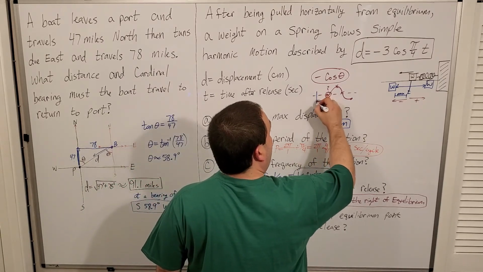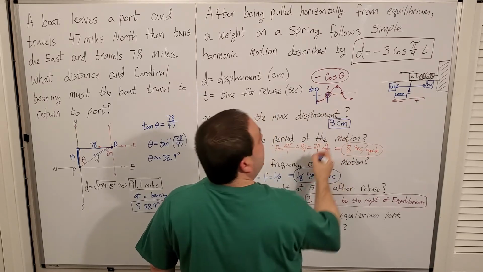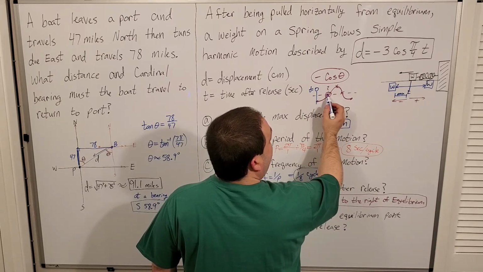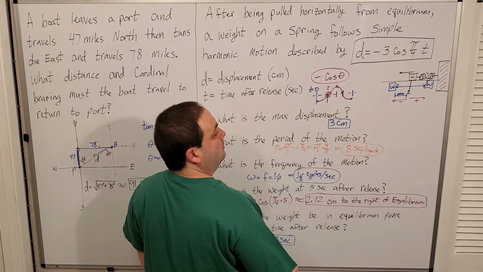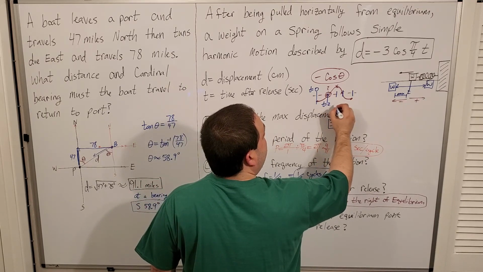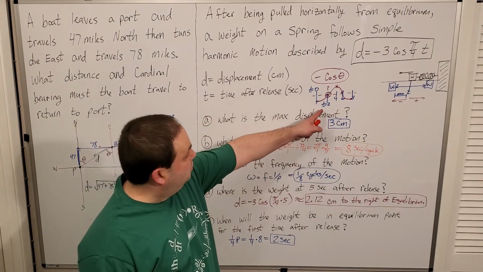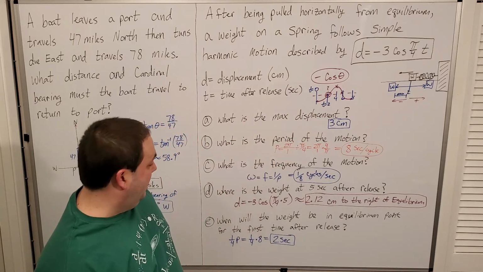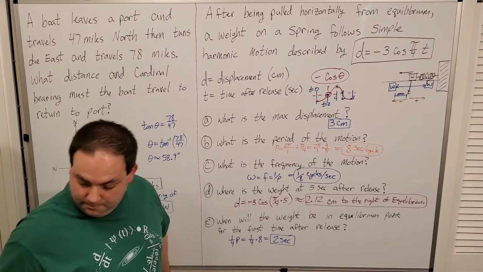If time 0 is here, that's t equals 0, then when does it hit this equilibrium? That's a quarter period right there. Here's the next quarter, here's the third quarter, here's the last one, right? This is going to be t equals 2, 4, 6, and 8 for a full period. So t equals 2 is the first time it hits that equilibrium. 2 seconds is the answer there to this.